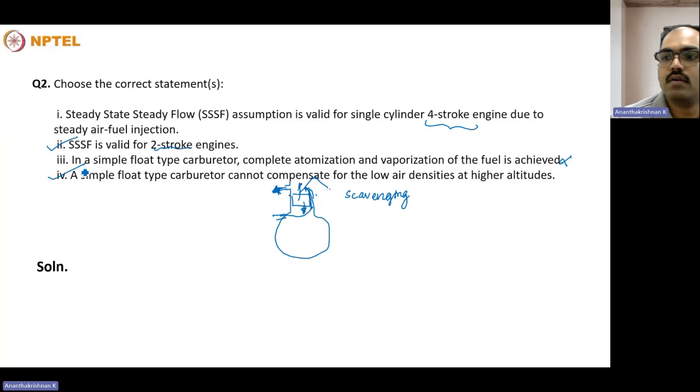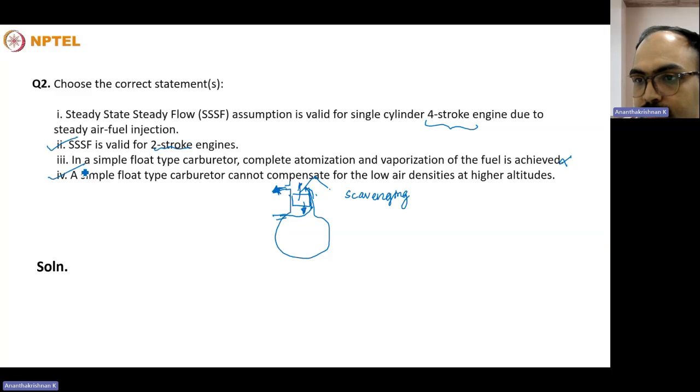If the air density is low, the given volume that comes inside will not have sufficient air. In that case, the velocity will be the same, but the mass component will be less. Based on the velocity, the fuel that we add will not vary, but the actual air component will be less.